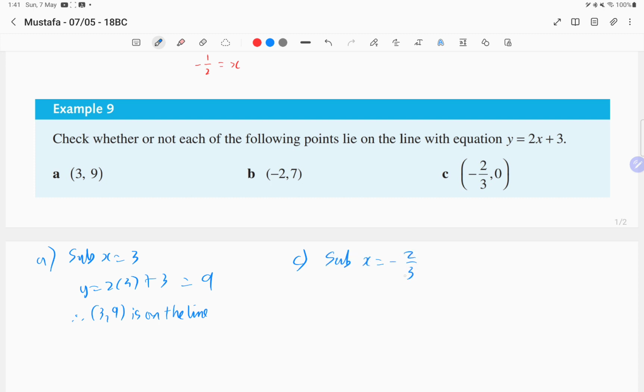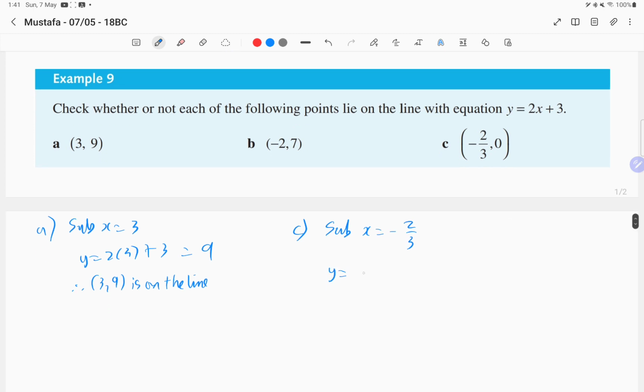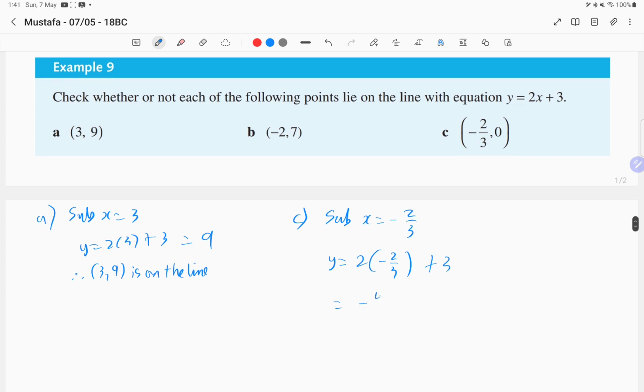So we got x equals negative 2 over 3. Negative 2 over 3 plus 3. Negative 4 over 3.